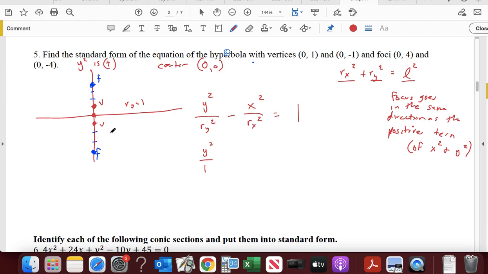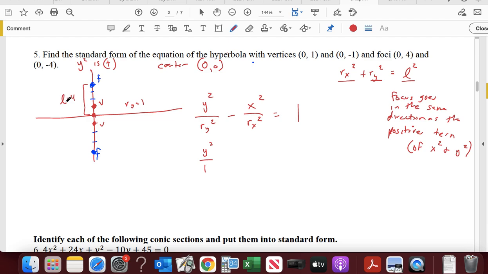So the radius in the x direction, remember, we use this Pythagorean relationship, because we know 2 of the 3. We know L is 4, the distance from center to focus. So again, this distance right here, that's our focal length. That's L, which is 4. You could also think of it as C, right?